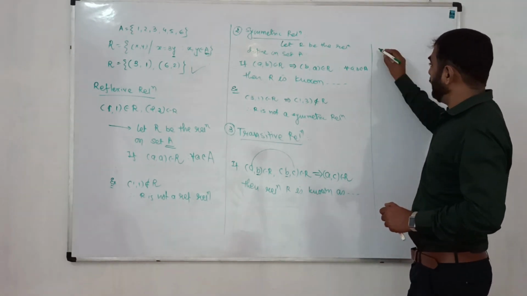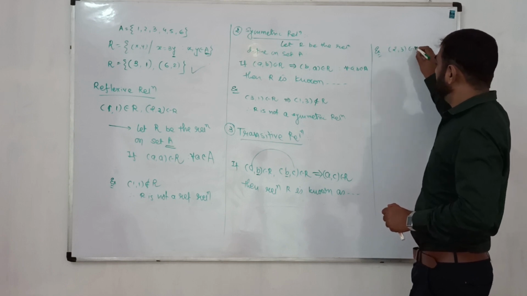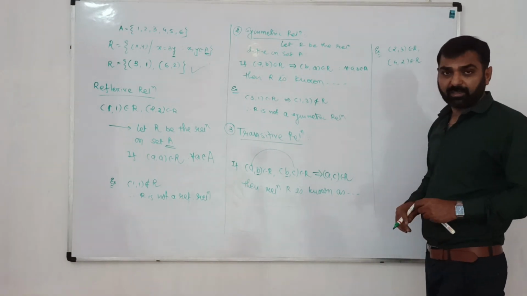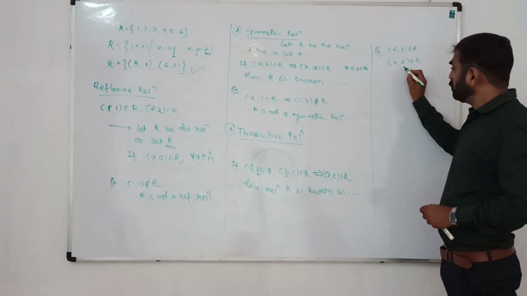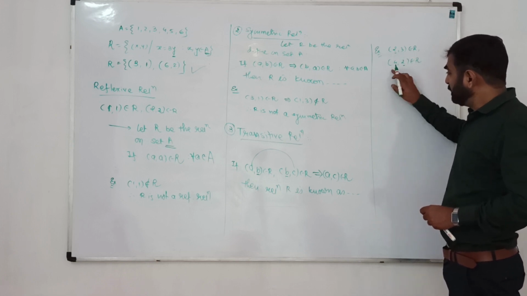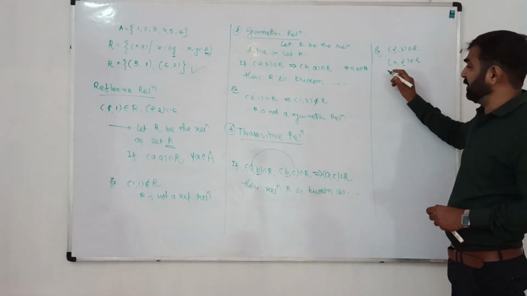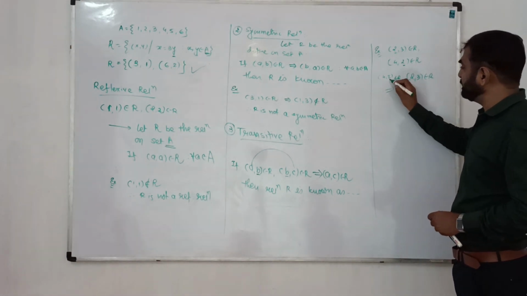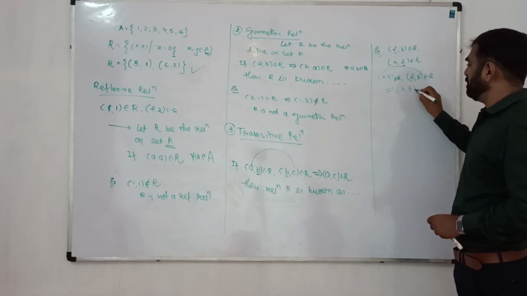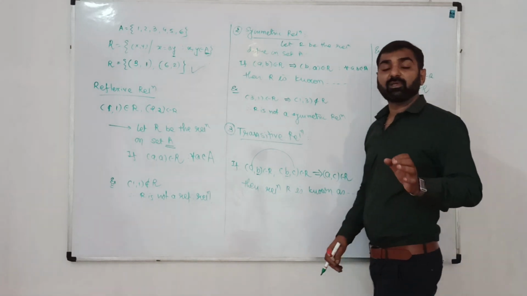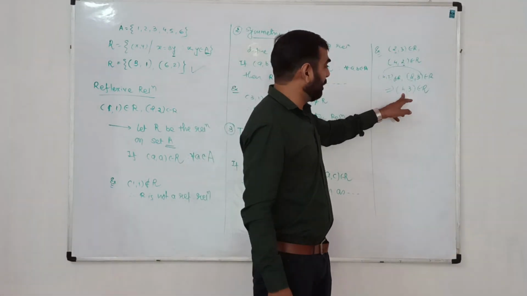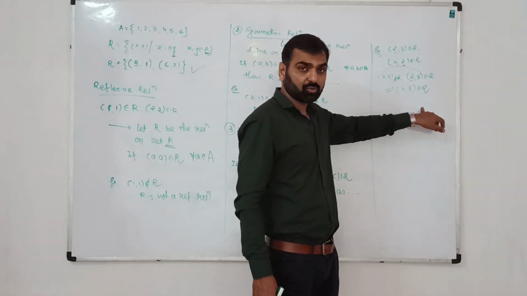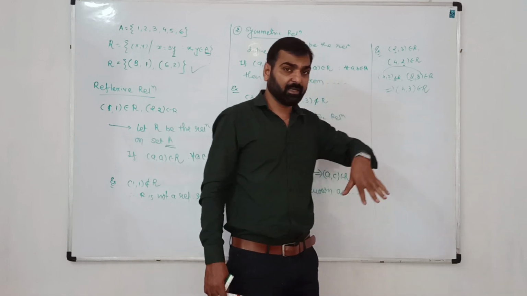As an example, if I have (2, 3) belongs to R and (4, 2) belongs to R, so what should happen? Here 2 is common, in the second position in one and the first position in the other. So (4, 2) belongs to R, (2, 3) belongs to R, this 2 is common, so (4, 3) must belong to R. If this type of elements exist in R, then we can say that R is a transitive relation.